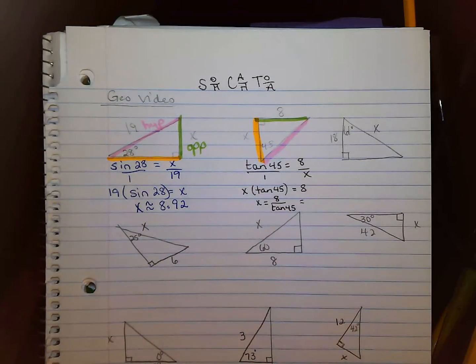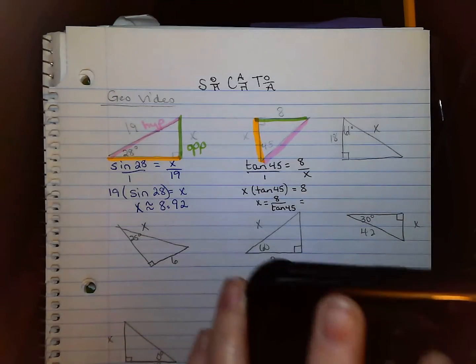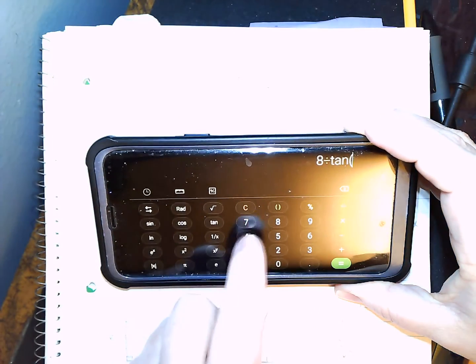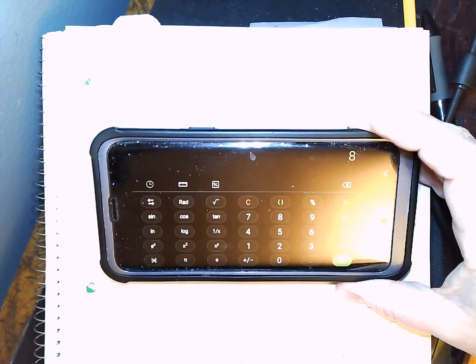And then I'm going to go to my calculator and do 8 divided by tangent 45. And it's 8. Interesting.